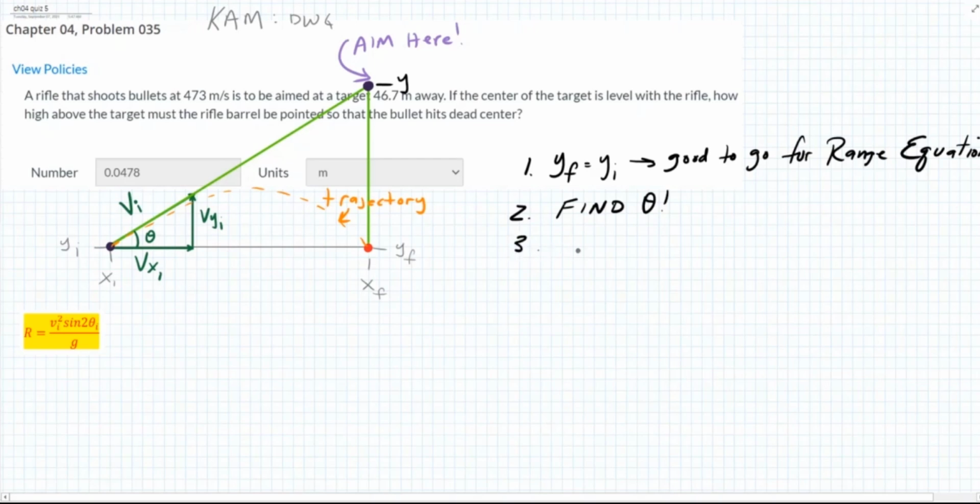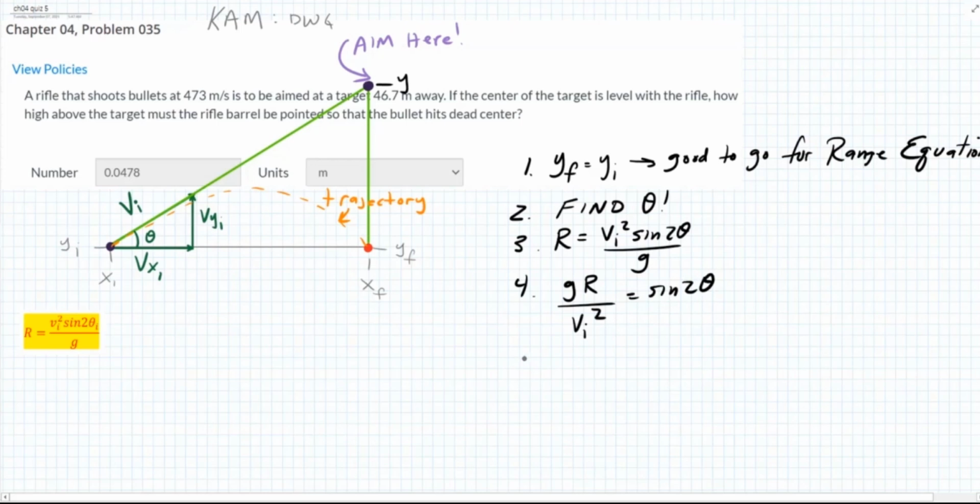Start with the range equation. R equals V initial squared times sine of 2 theta all over g. We've got to get theta all by itself. So g times R all over V initial squared equals sine of 2 theta.